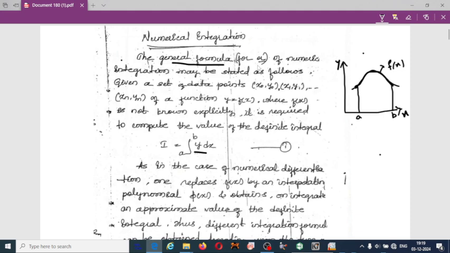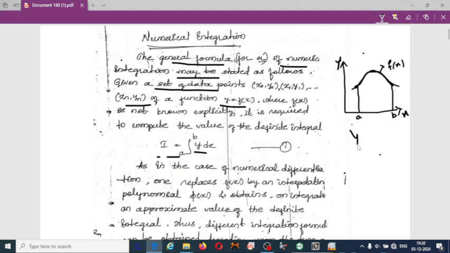The general formula of numerical integration may be stated as follows. Given a set of data points x0, y0, x1, y1 and xn, yn of a function y equal to f of x, here y depends upon x.